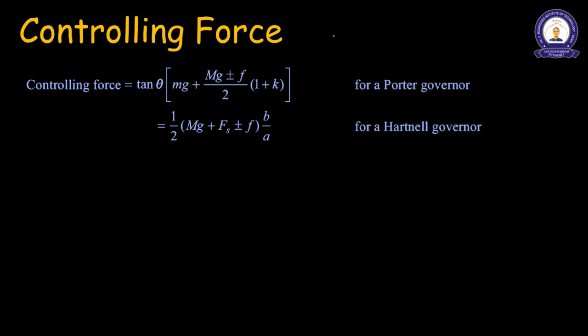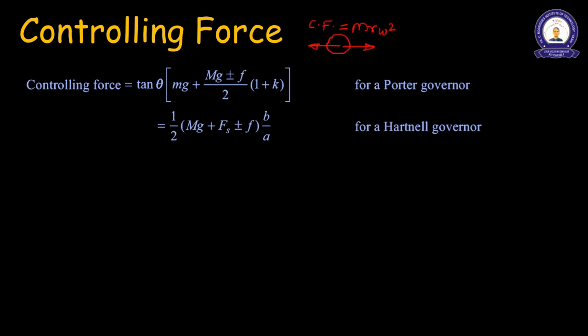Alternatively, I can also logically say that if it is an equal and opposite force to that of centrifugal force, its magnitude will be the same as that of centrifugal force, only the direction will be opposite. So I can also say that my controlling force is equal to m r omega square in magnitude.